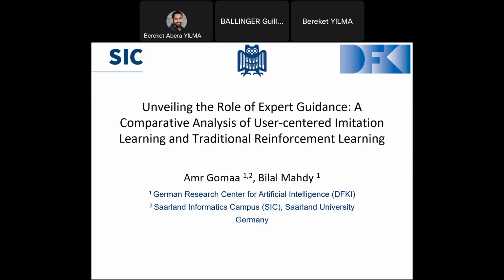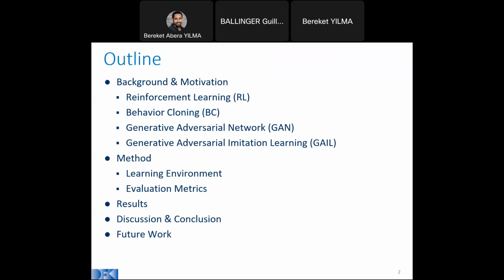To start, I'm going to quickly outline the talk. First, I'm going to give some background and motivation for why we did this kind of work. I'm not going to delve into the details of these algorithms; I'm pretty sure most of you are familiar with them, but I'll give an overview of each of them, the notable weaknesses that we found, and why we are studying them and comparing them to each other.